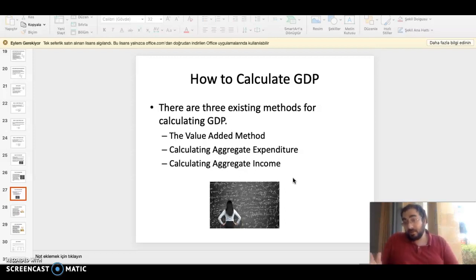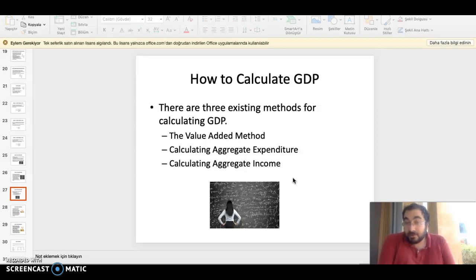So you need to get total expenditure, the total amount of money that is spent to buy goods in that economic system. Subtract imports, since imports are part of expenditure but not produced in that country, and add the exports. Why? Because they are not part of the expenditure in that country, but still part of the production. And then in return, you get again the value of total production level in the economic system.